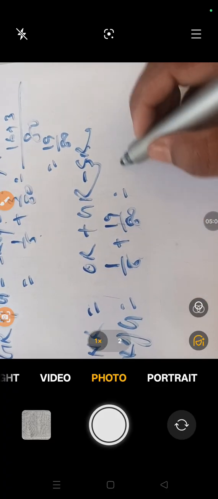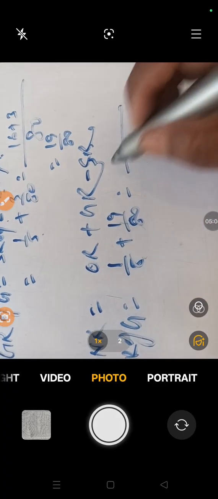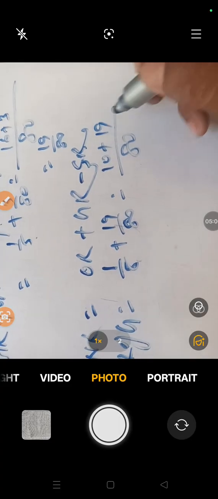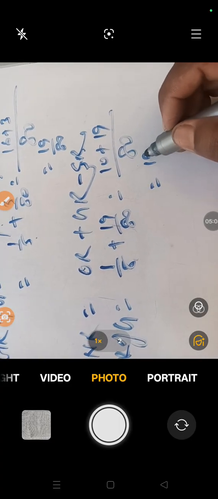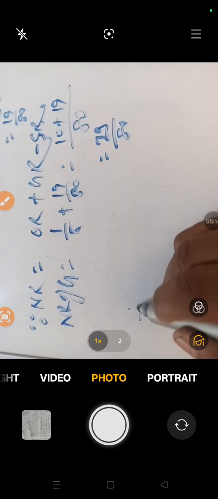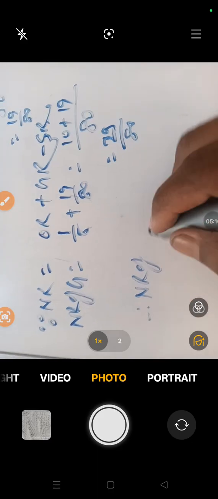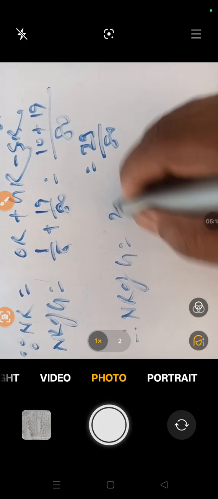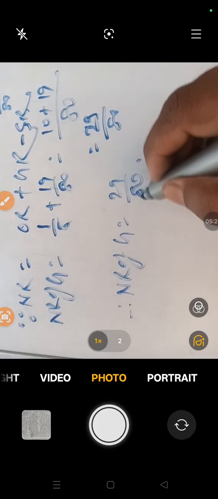So if you take LCM, it is 80, 8 10s are 10 plus 19 equals 29 by 80 is the new share of G, therefore NR of G equals 29 by 80. Thank you.